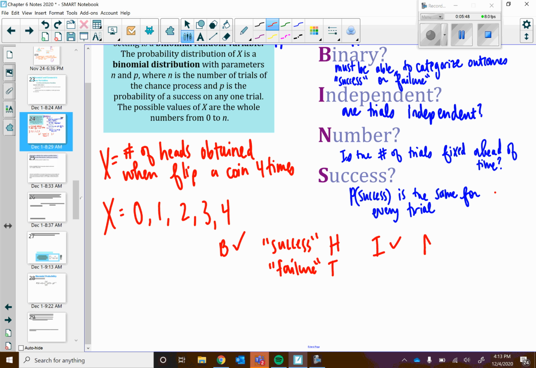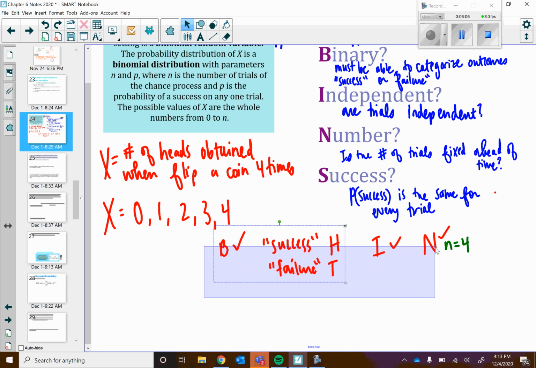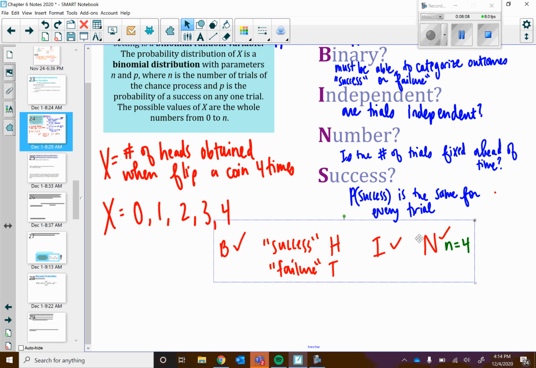Next up, we have number. Is there a set number? In this case, yes. n, the set number in this trial, is equal to 4. I am flipping a coin 4 times, and that's all we're looking at. Those are the 4 trials. And then last but not least, S, is the probability of a success the same every time? Well, let's think.